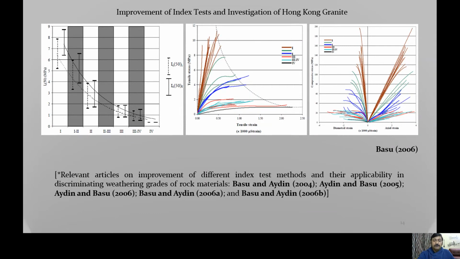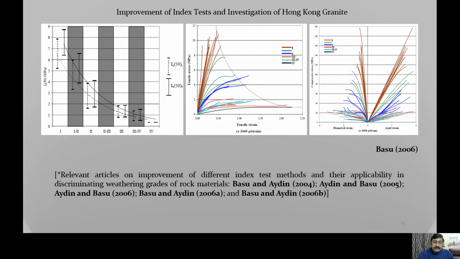However, in the rock mechanics standards, it says that when you carry out the point load test and try to calculate the point load strength value, we have to consider the depth of cone penetration. Okay, that means we have to consider the distance between the platens at the moment of failure.